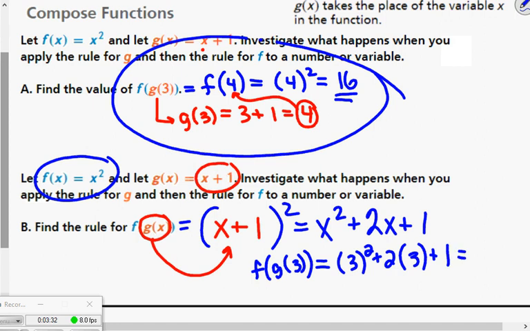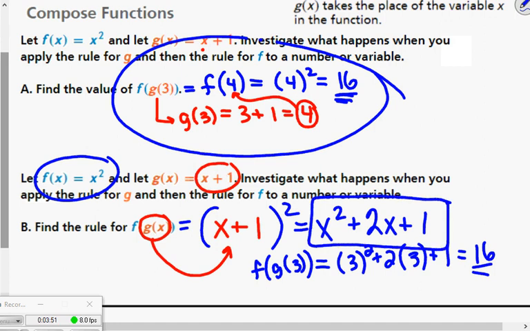I think we're still going to get 16, right? What's 3 squared? 9, right? And 2 times 3 is 6. And 9 plus 6 plus 1, you bet, is 16. Same answer, but we have this all-in-one formula.